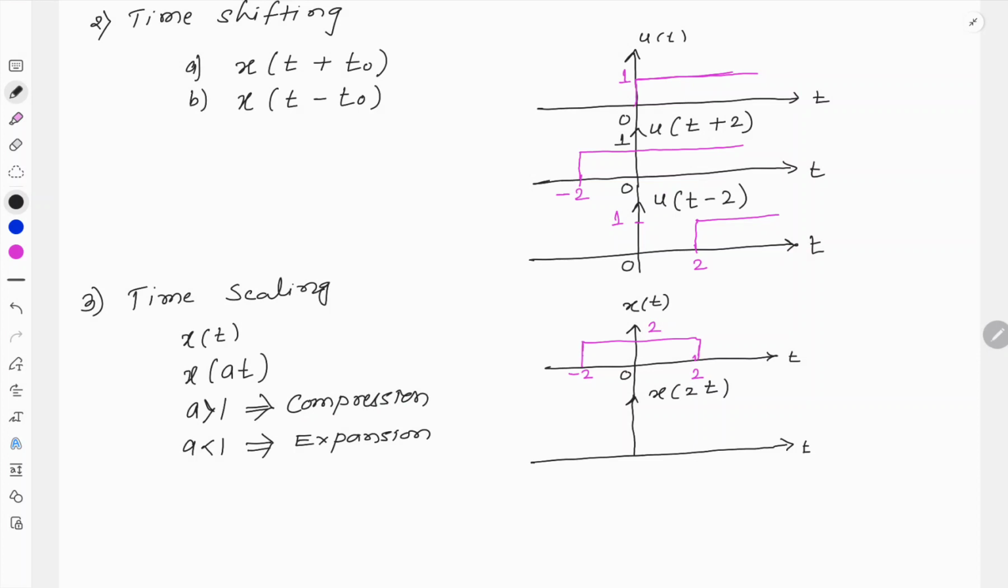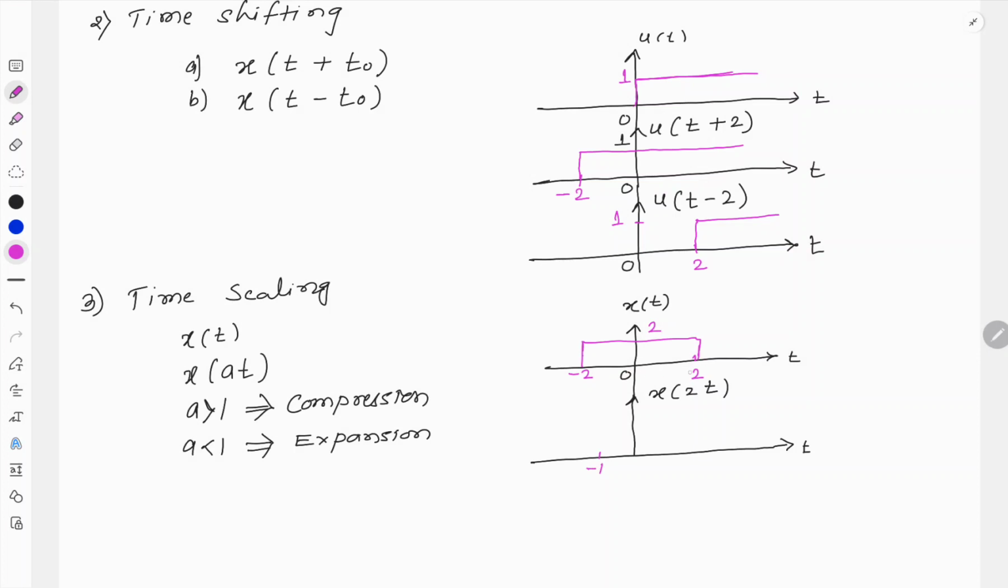In this case, just remember here, we have this parameter 2 multiplied with the t parameter. So again do the vice versa operation. Here it is multiplication, so divide every parameter of time by 2. So the x of 2t signal will be like this: in the given x of t signal, we have the signal starting at -2. So divide it by 2, it becomes -1.